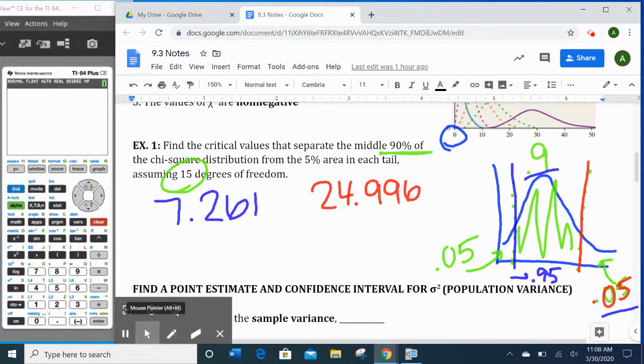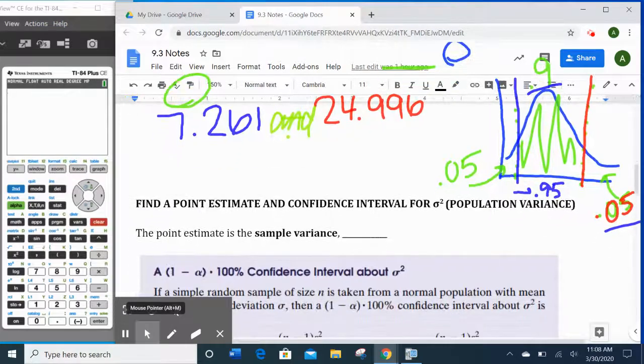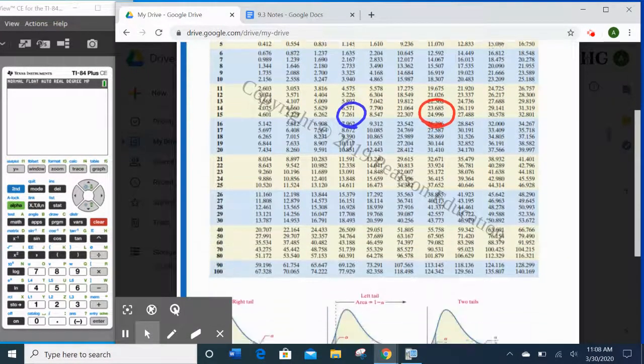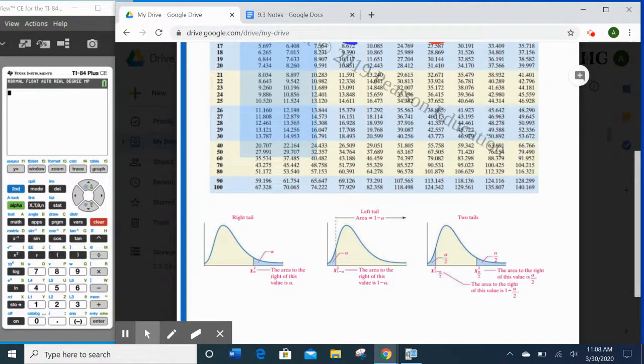So the two values that separate the middle 90% are 7.261 and 24.996. Reading the chi-square distribution chart is similar to the other ones, mainly different just because of the shape. It's not symmetric.